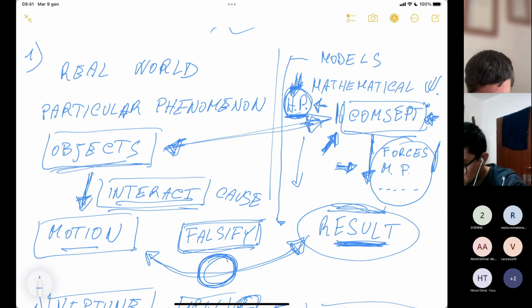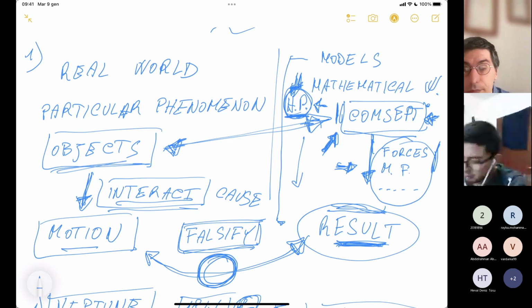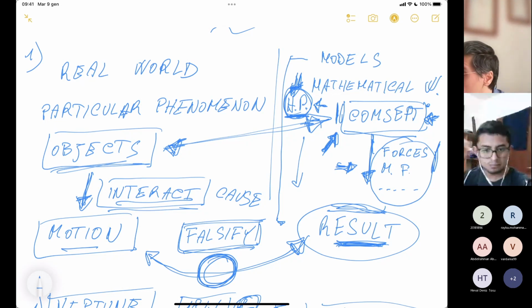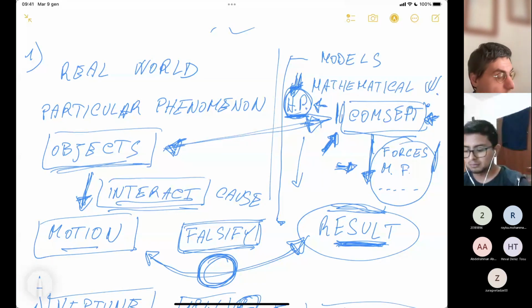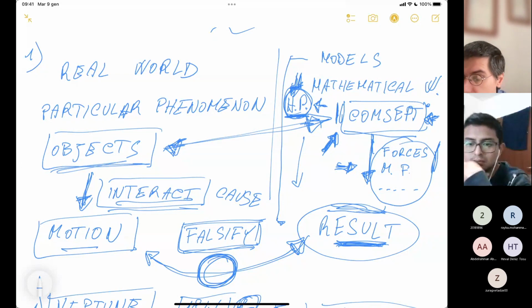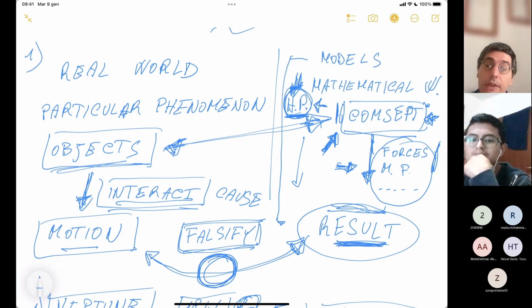At the end of the story, we will write some equations that we have to solve. This is more or less the end of all problems that we will handle. We have to solve these equations.